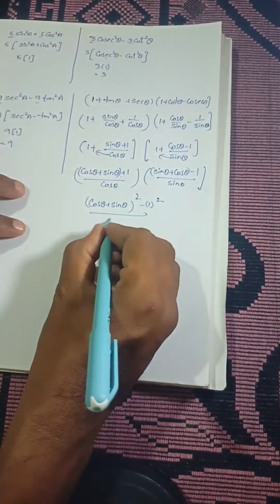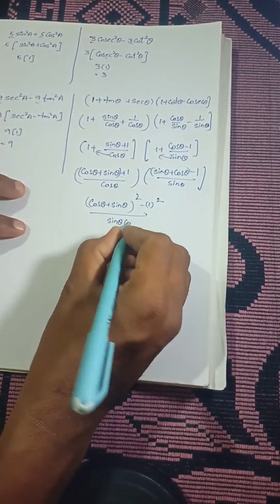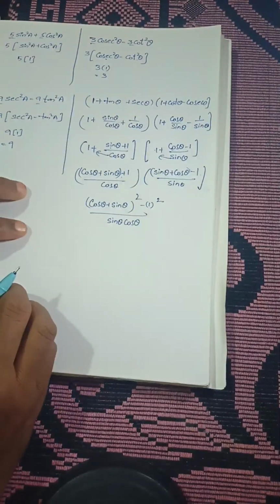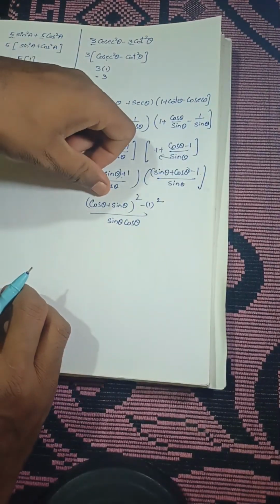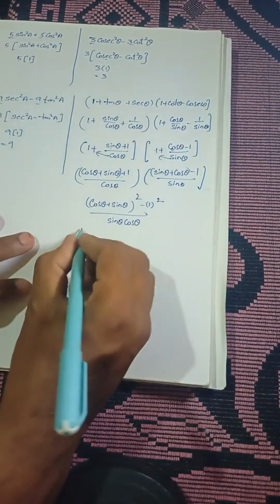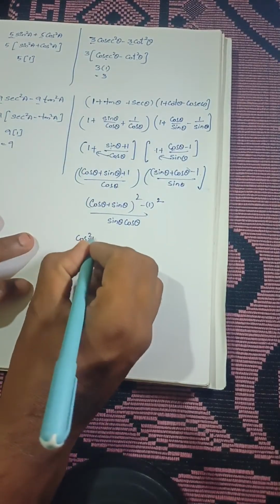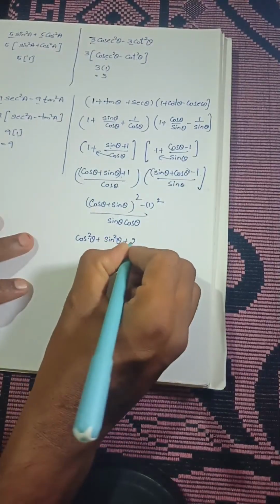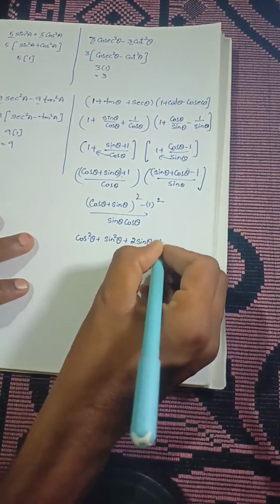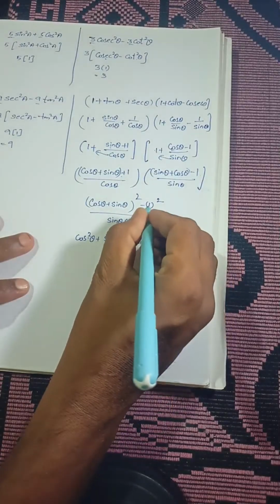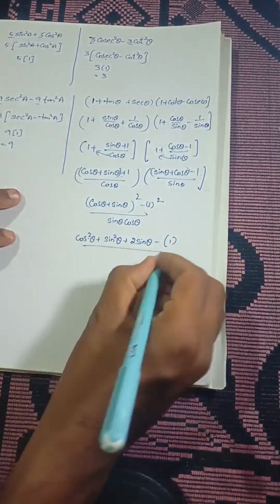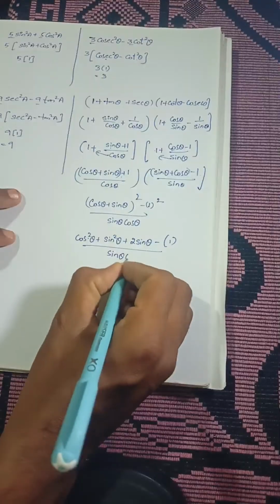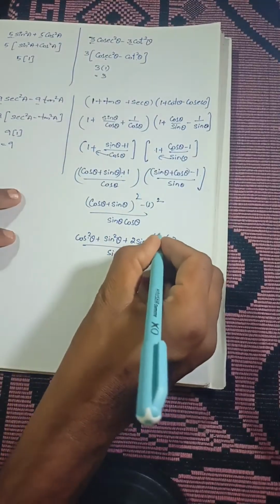Cos theta into sin theta, cos theta. This one is in the form of a plus b whole square. What will you write? a square plus b square plus 2ab minus, in place of 1 square we can write it as 1 by sin theta into cos theta. Here I forgot to write cos theta, please write it down.